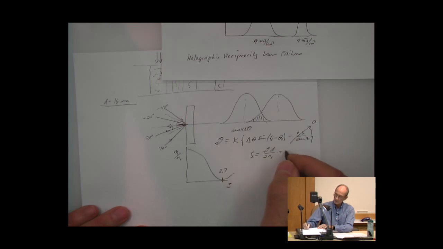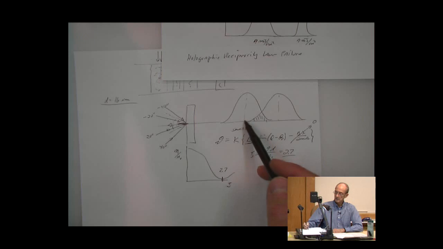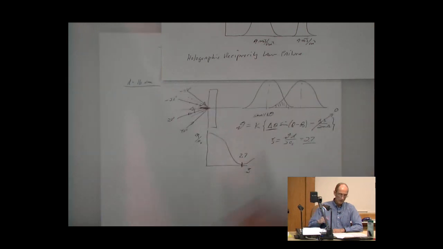So when this is equal to 2.7, you can actually calculate what that detuning angle will be that you can get away with on separating the two holograms that you're recording, right? So I asked you here a couple of questions on that.